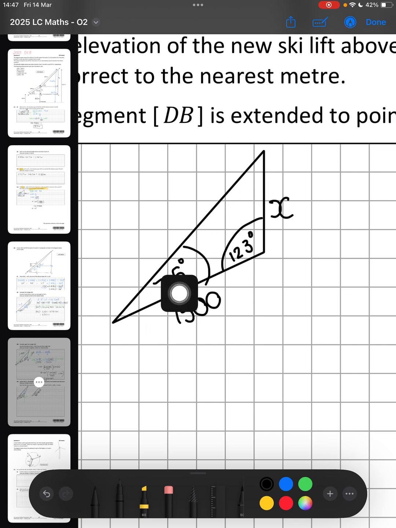So I'm going to get this angle here, that way I can pair up 1500 with the angle opposite it, and pair up X with the angle opposite it. I know that all the angles in a triangle add up to 180 degrees, so the missing angle is going to be 49.5 degrees.